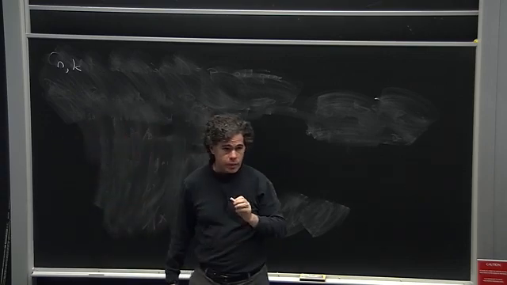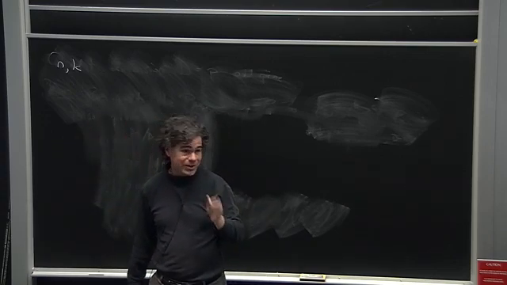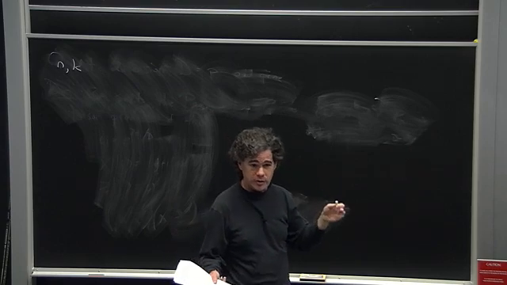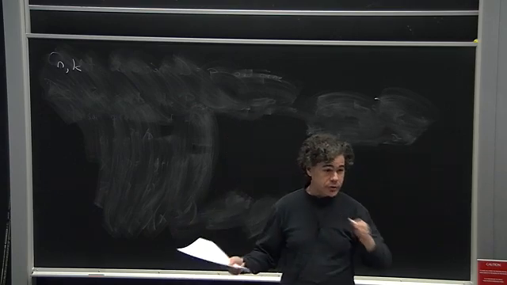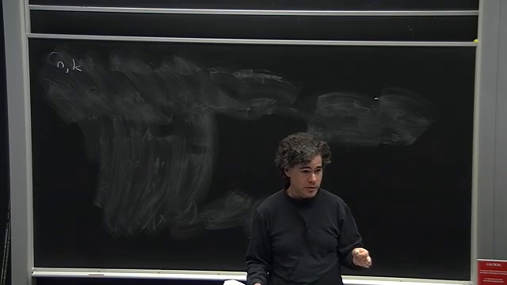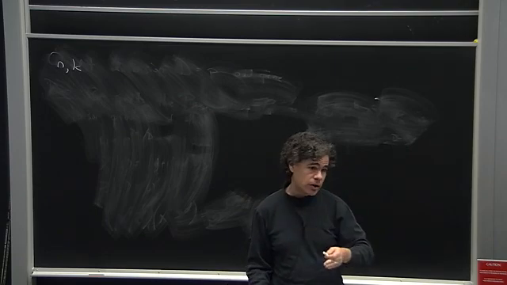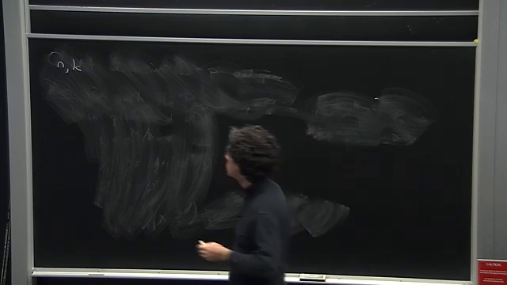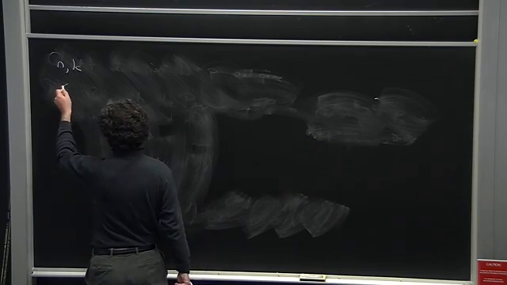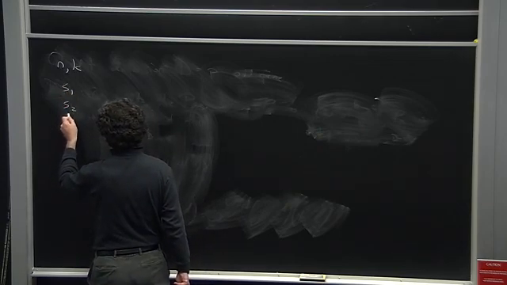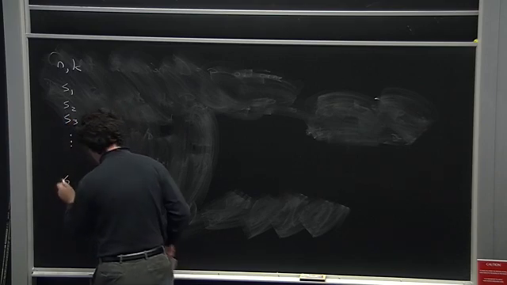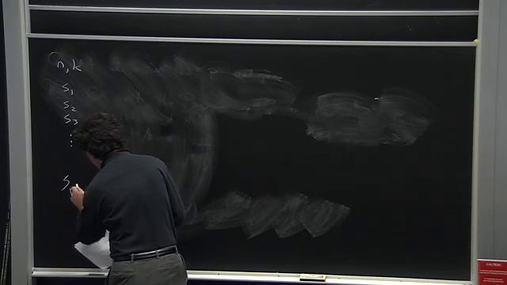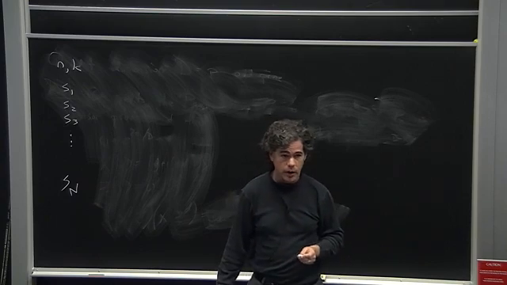I'm going to make a list of all stabilizer codes that have k logical qubits and n physical qubits. This is hypothetical; obviously, you're not going to do this in practice. So we have codes S1, S2, S3, up to some very large number. Let's say there are big N of them.